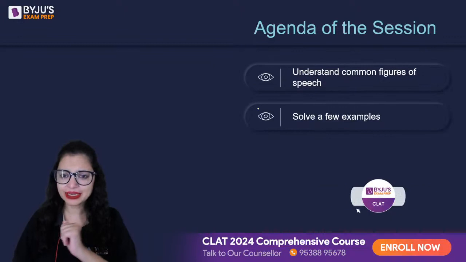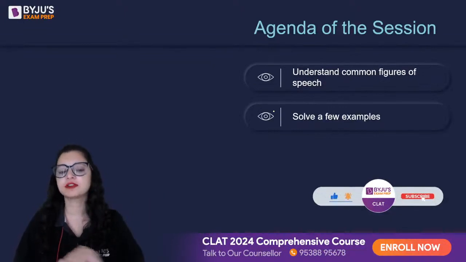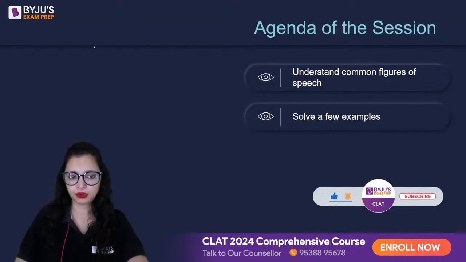Quickly recap for me: which figures of speech did we cover in part 1? Let me write them down here.